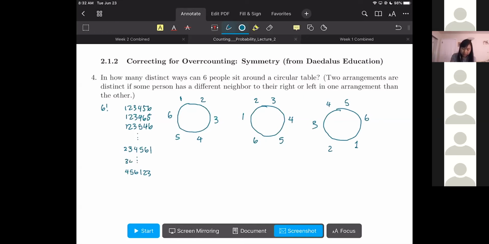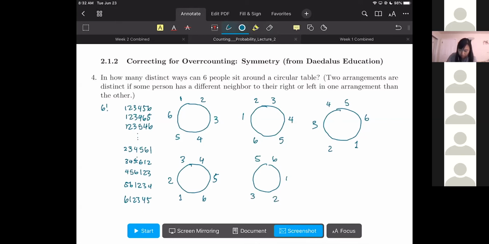So 3, 4, 5, 6, 1, 2 would give us the same one, 5, 6, 1, 2, 3, 4 would give us the same one, and 6, 1, 2, 3, 4, 5.